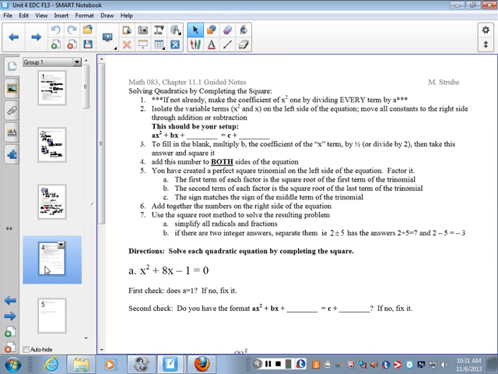Our setup, and I've got it in bold here, is that your 2 variable terms, the 2 terms that have x with them, are on the left, and the constant is on the right. This left side looks just like what we ended with on Monday, in the last 2 problems on your drill today, where you found the constant that completed the perfect square trinomial.